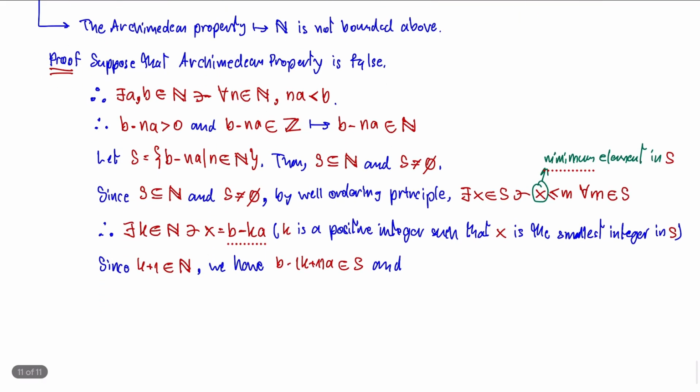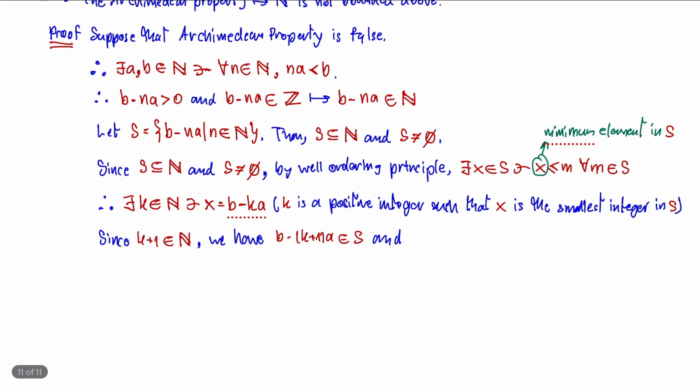And what happened next? I'm going to write b minus (k plus 1) times a, minus (b minus ka). As we can see, this is x, which is the smallest element in set S. Let's find this difference.